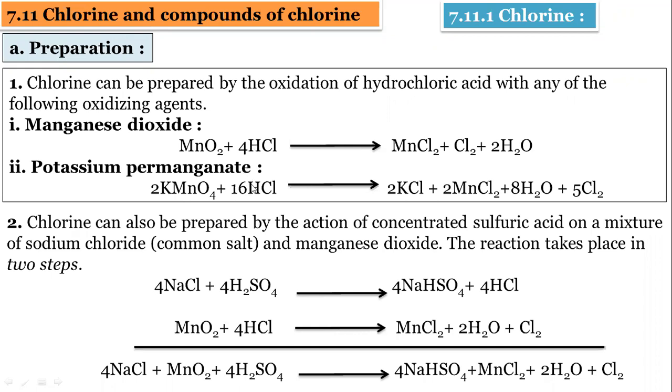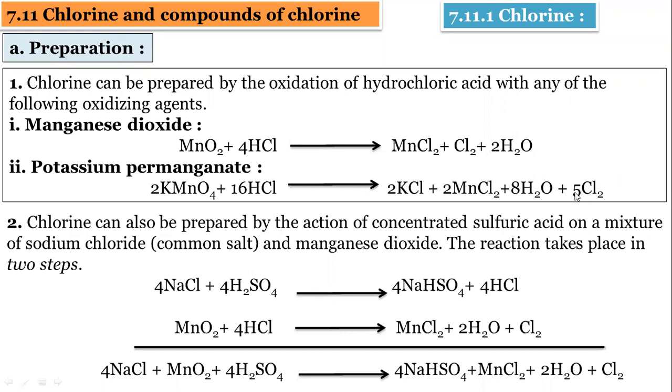By practice, we have to remember these reactions: how chlorine is prepared using manganese dioxide, and how it is prepared using potassium permanganate. The two molecules of KMnO4 plus 16 molecules of HCl, this is the balanced reaction: 2KCl plus 2MnCl2 plus 8H2O plus 5Cl2. This is the required product.